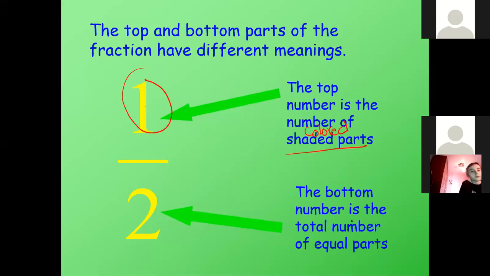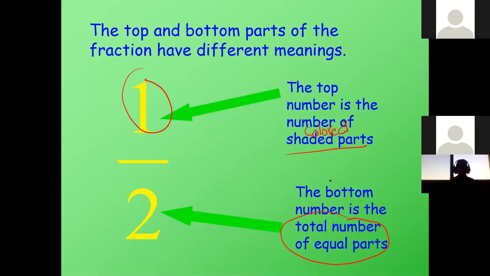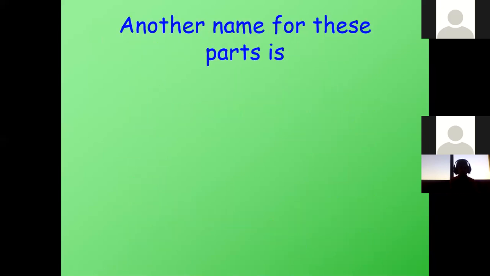Two, at the bottom, represents the total number of equal parts. So, one represents what? The number of colored parts. And the bottom represents what? The total number of equal parts.